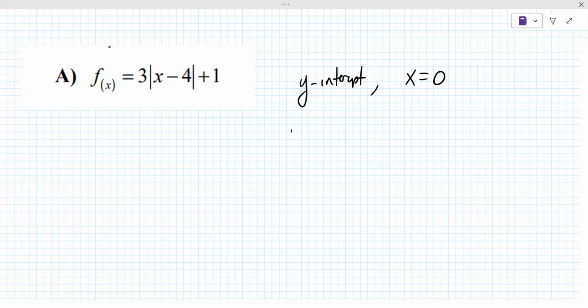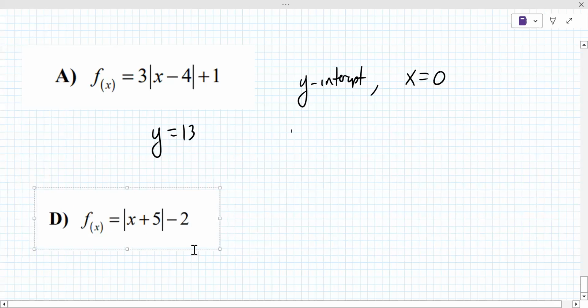Would it be 4 times 3 plus 1? Yes. So 13. Yes. Good. Okay, let's go back to the previous problem that I gave you, and we'll talk about now how to find the x-intercepts. So we just looked at this one.